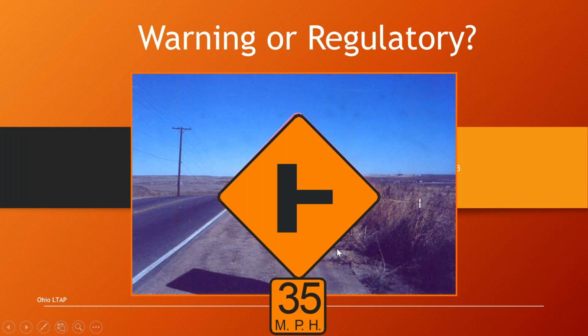But another way, if you're going to reduce the speed limit in your work zone, which we usually don't do in typical roadway maintenance activities, you could attach an advisory speed plaque to the bottom of your work zone signage.